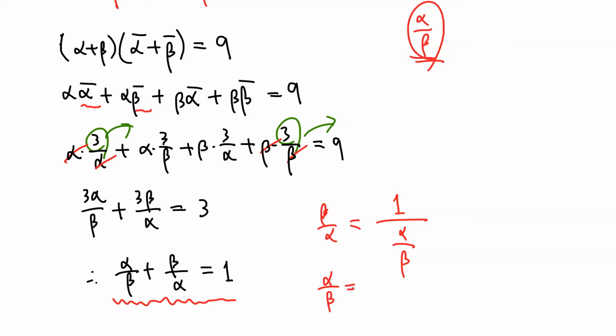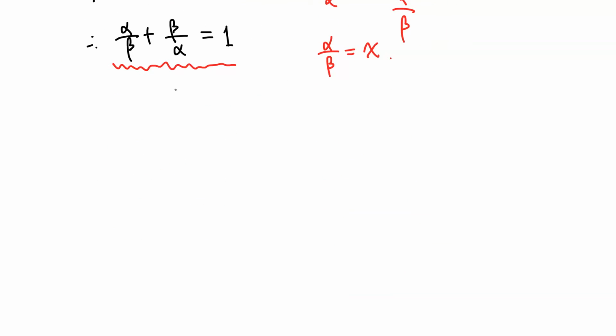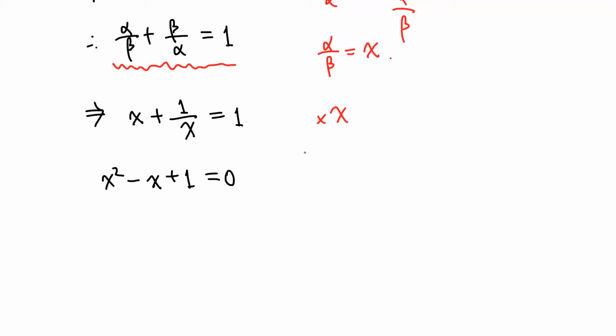Alpha over beta equals x. Then we have x plus 1 over x equals 1. If we multiply by x on both sides and rearrange, we have a quadratic equation, x squared minus x plus 1 equals 0.